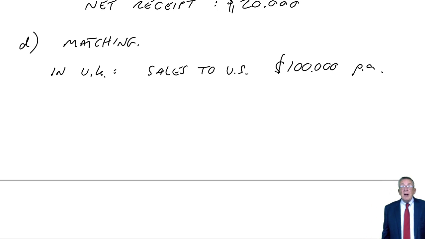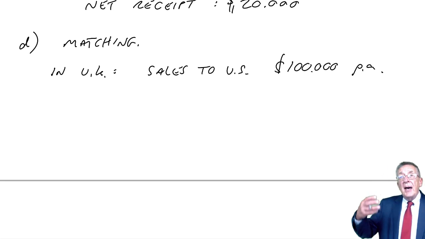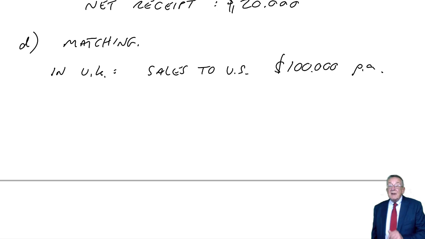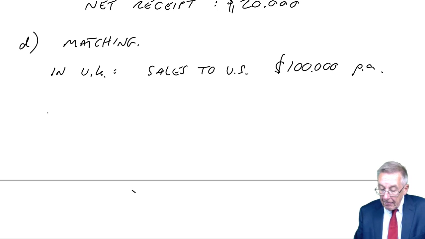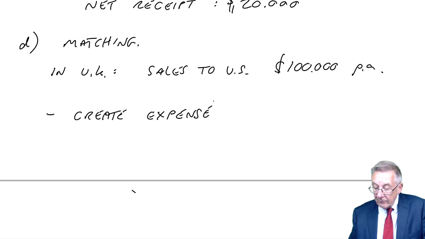And so, of course, that revenue each year is subject to risk, because even if it stays at $100,000 year by year, clearly as the exchange rate goes up or down, the pound income will change. There's risk. Well, what would be rather neat is this. Suppose I deliberately create an expense of, in an ideal world, $100,000 a year.